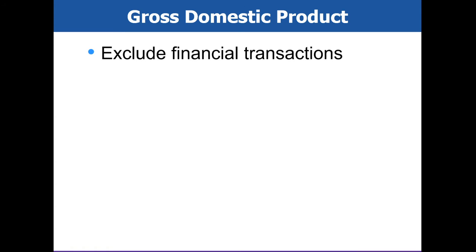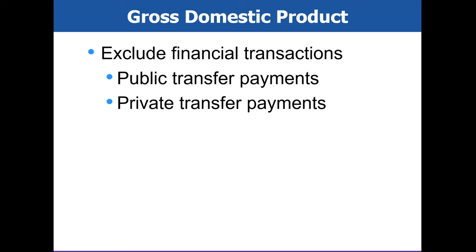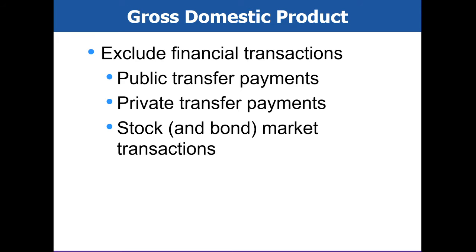So when we're looking at this, we want to also exclude financial transactions. What I mean by financial transactions, we mean public transfer payments, welfare, social security, things like that do not count in GDP. Private transfer payments, any financial transaction, stocks, bonds, things like those, because we're looking at production.